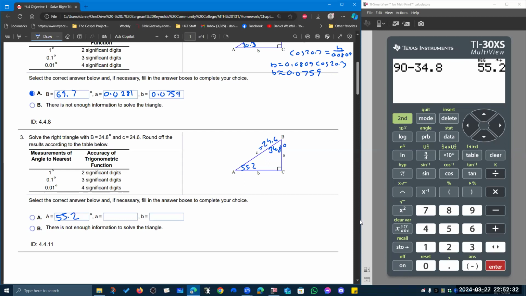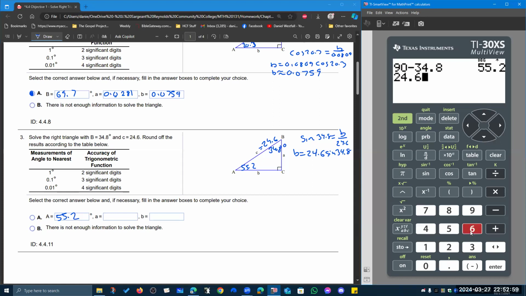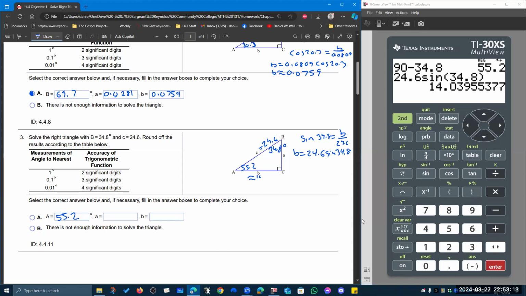And that means that we're going to use sine of 34.8 that was given to us is equal to B over 24.6. So B equals 24.6 sine of 34.8, which to three significant figures is going to be about 14.0.